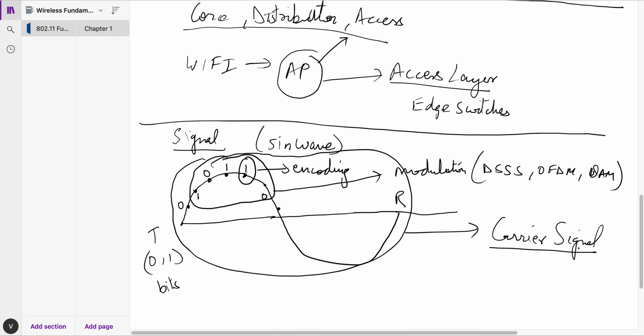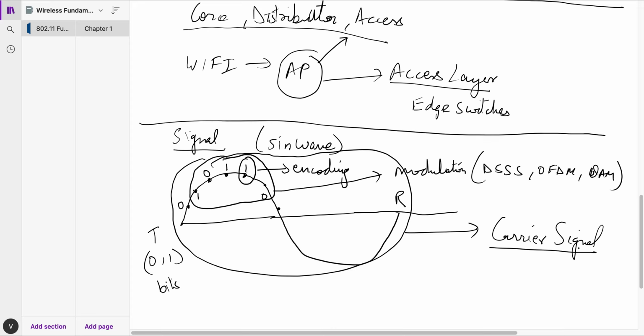Now, this carrier signal is responsible for carrying data from the transmitter onto the receiver. Okay, I'll repeat this once again. The transmitter has to transmit data to the receiver. Data ultimately is only going in bits, zeros and ones. Now, adjusting those bits onto the signal is called encoding.